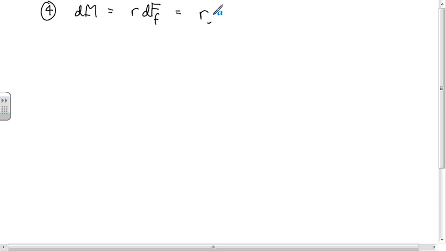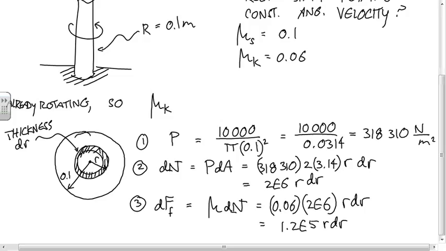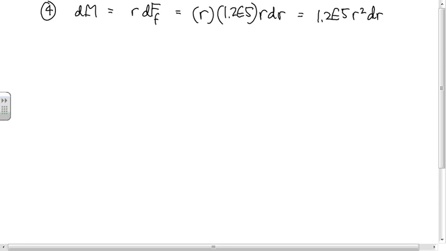So that's R times 1.2 times 10 to the 5th R dR, or 1.2 times 10 to the 5th R squared dr. So now we have the final increment that we want.